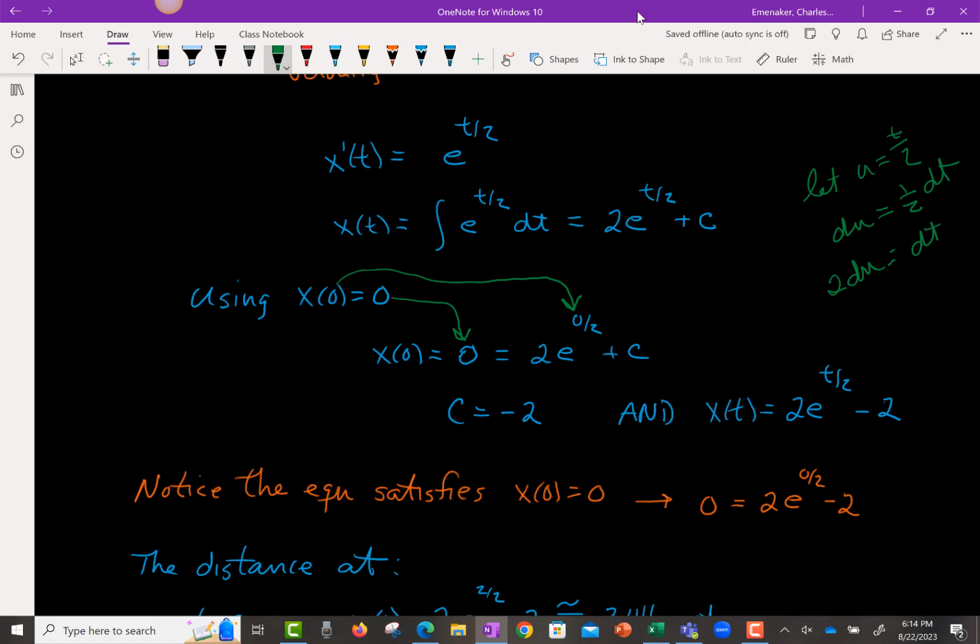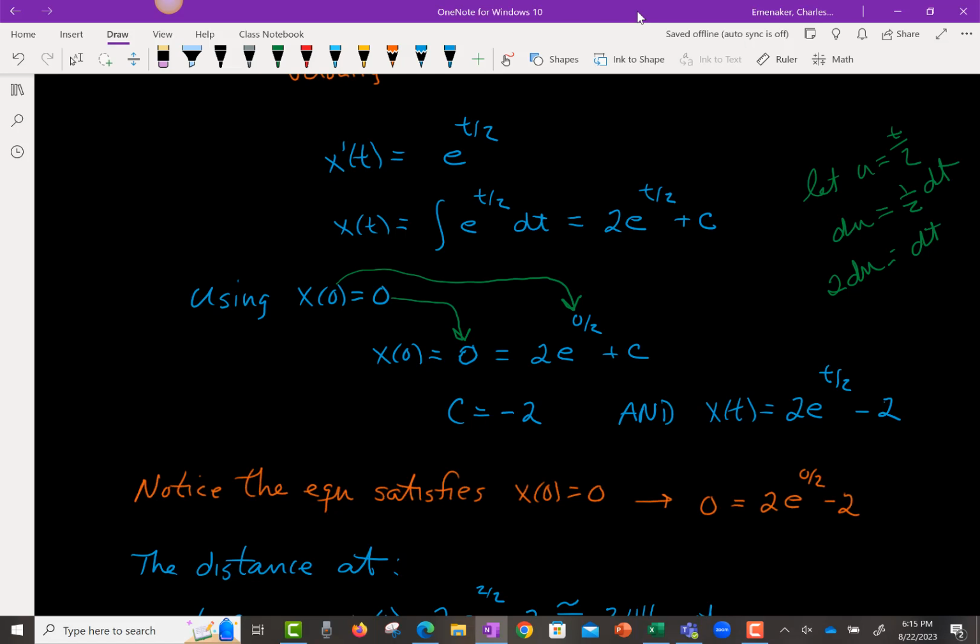Now be real careful. People are quick to say, aha, it's 2 times 0 plus c and c is 0. No, e to the 0 power is 1. So this simplifies to 2 times 1 plus c, 2 times 1 just being 2. Subtract 2 from both sides and you get c is equal to negative 2.